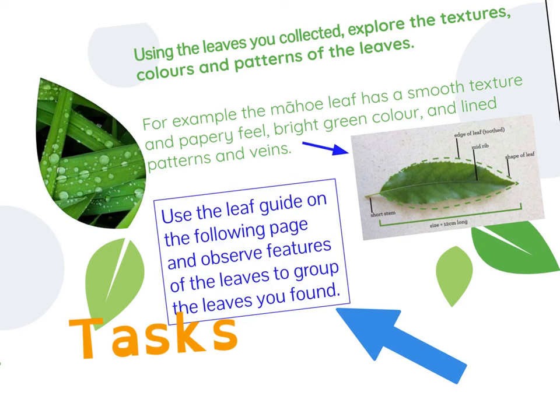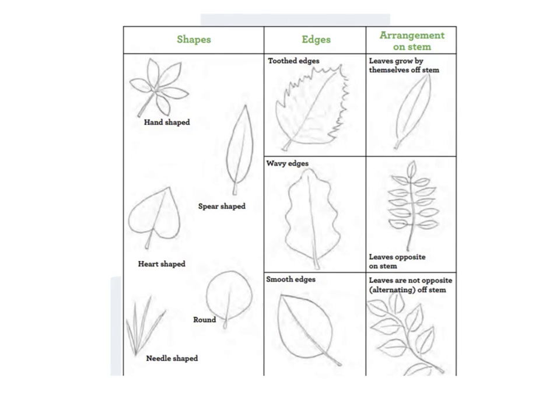If you had leaves that had these toothed edges, maybe you want to put those together. Maybe if they were needle-like or heart-shaped, you might group those together. This is the leaf guide that you'll find on the slide that you could use to group the leaves that you found.